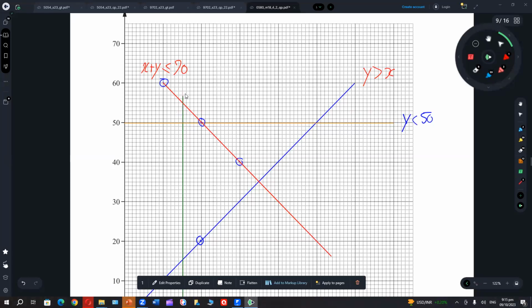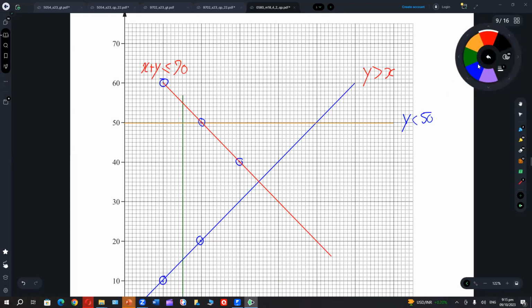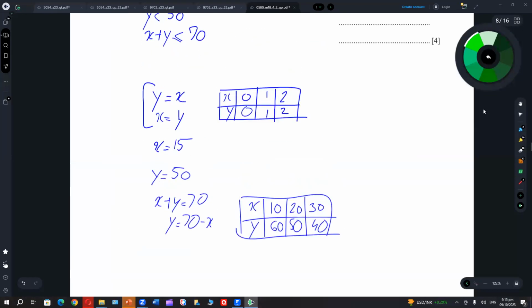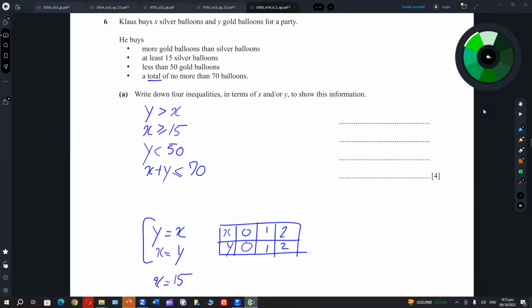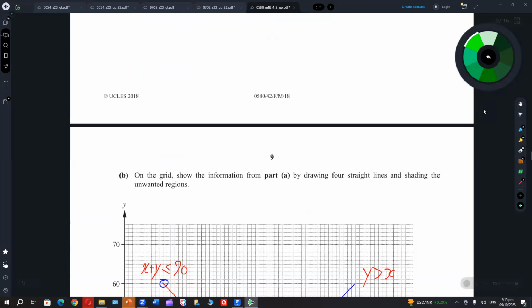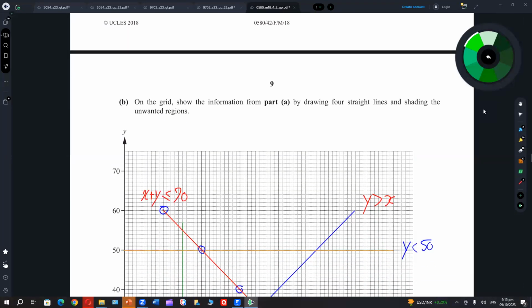He says shade the unwanted regions. So we need to do the 1 point and 1 line rules. So one by one, decide for every inequality.